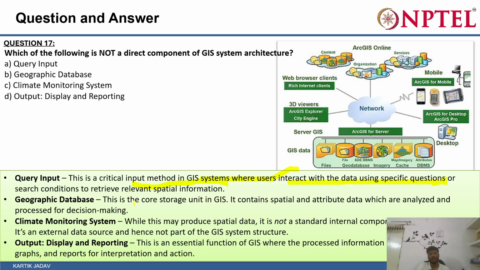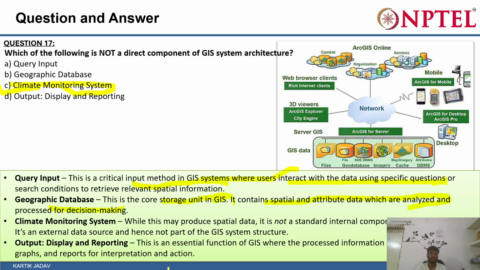Then the geographic database is the core storage unit in GIS, and it contains spatial and attribute data which are analyzed and processed for decision making. While a climate monitoring system may produce spatial data, it is not a standard internal component of GIS architecture. So this is the incorrect one, the not direct component of GIS.